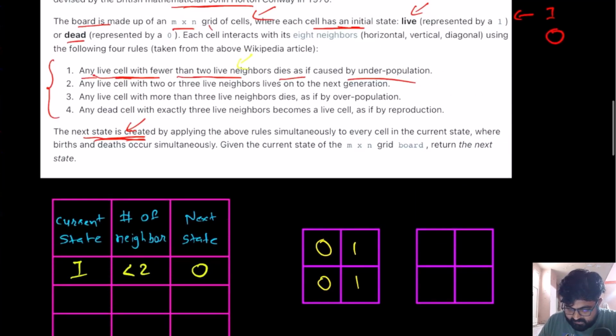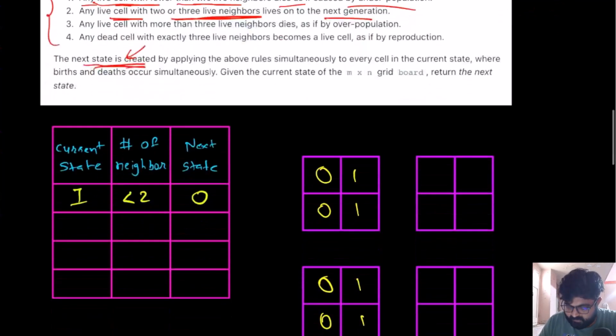The next one says that any live cell with 2 or 3 live neighbors will live on to the next generation. So if the current state is 1 and the number of neighbors is either 2 or 3, then the next state is going to be live for that particular cell.